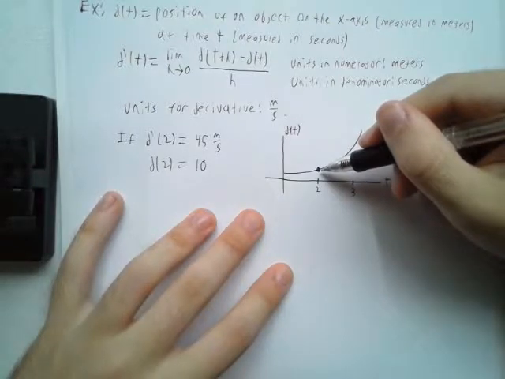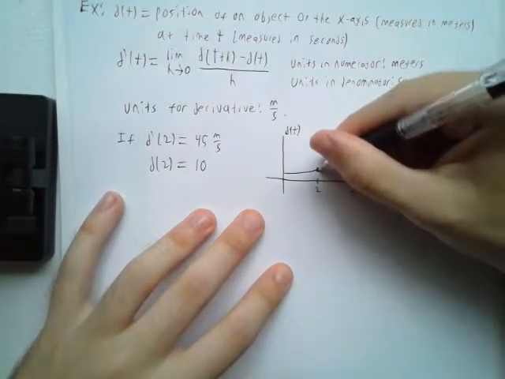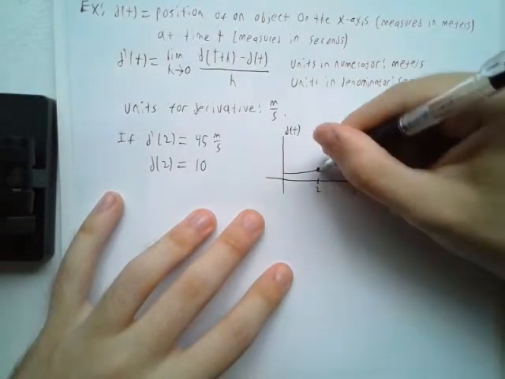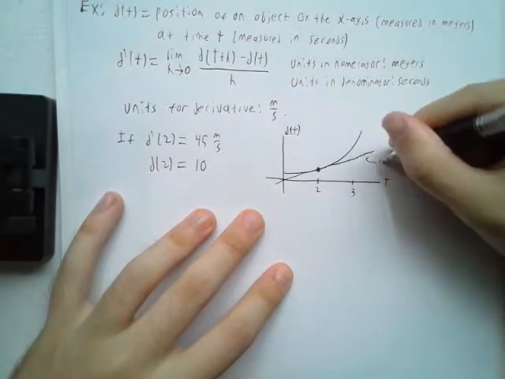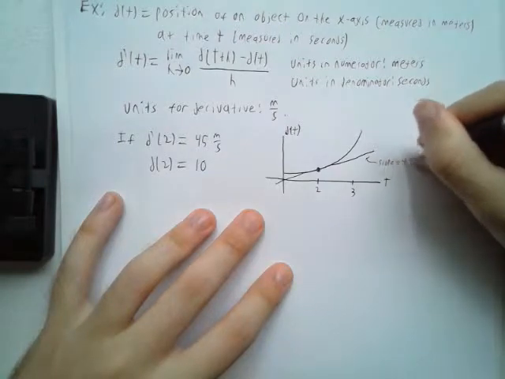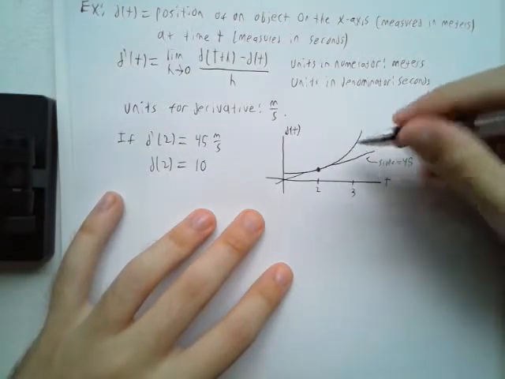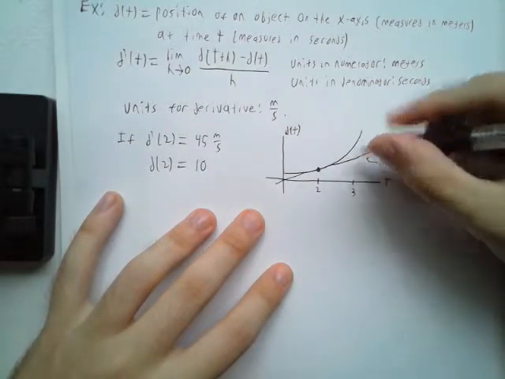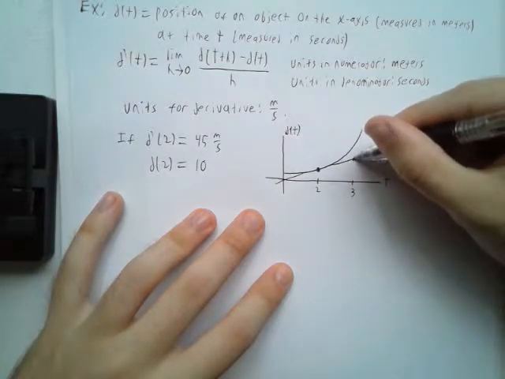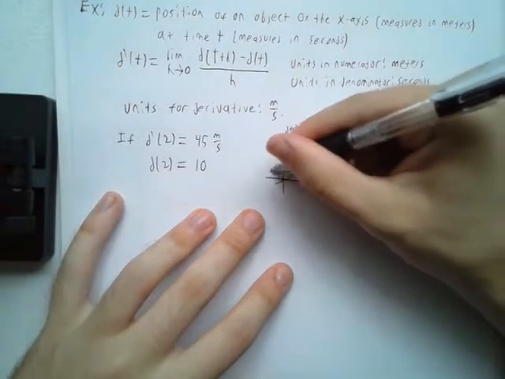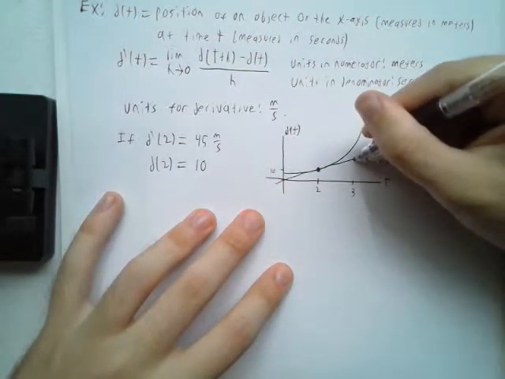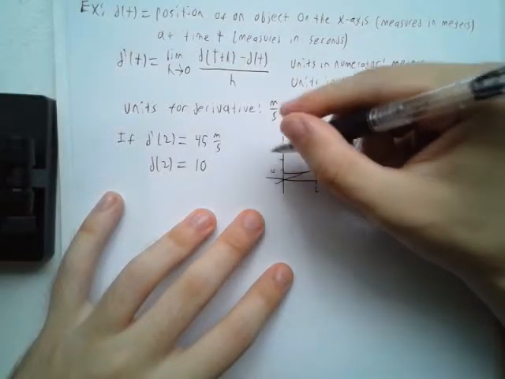So that will be the slope of this line. And so this is predicting that at time 3, the object will be here, which would be, if this is 10, this predicted height from the tangent line would be 10 plus 45, which is 55.